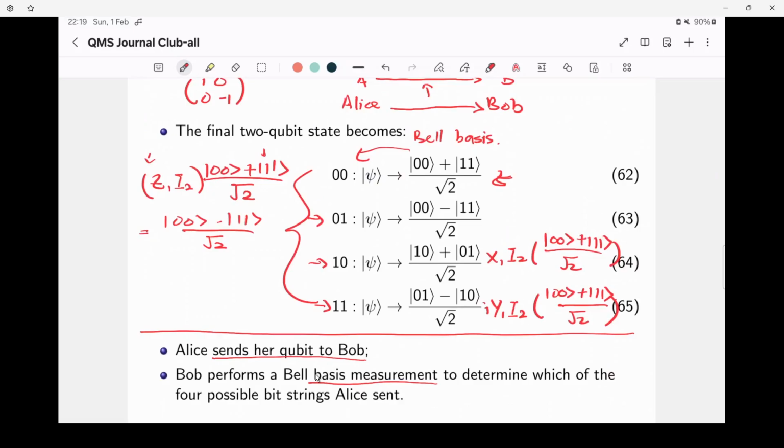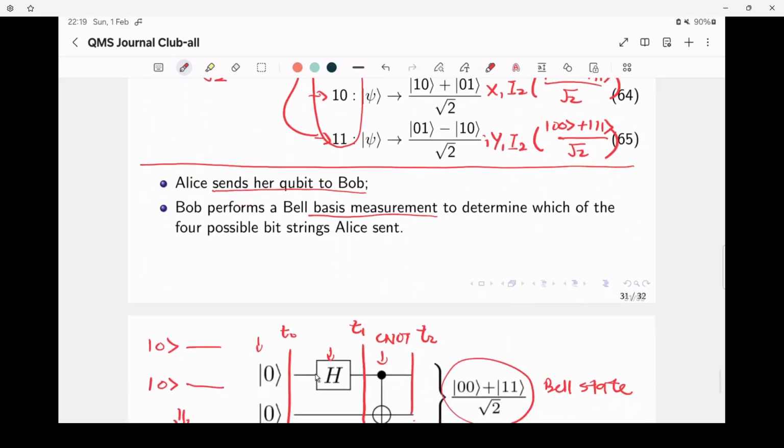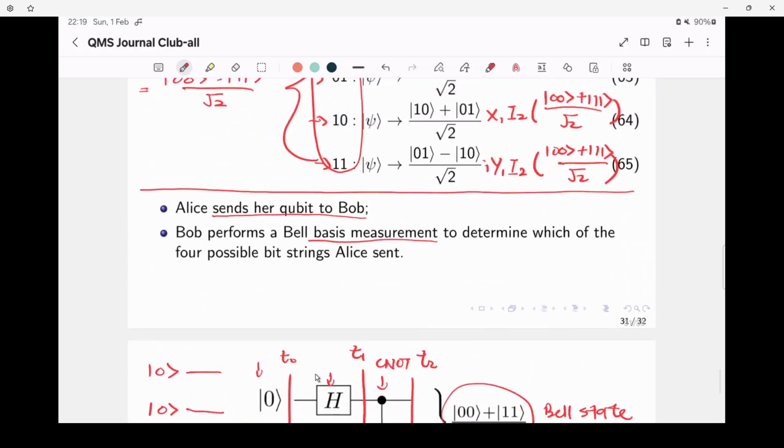You also make use of these kinds of relationships: breaking down into the Bell basis, and then reverting back to identify what kind of information you actually want to send. So this is quite a common trick for a lot of quantum computing processes.